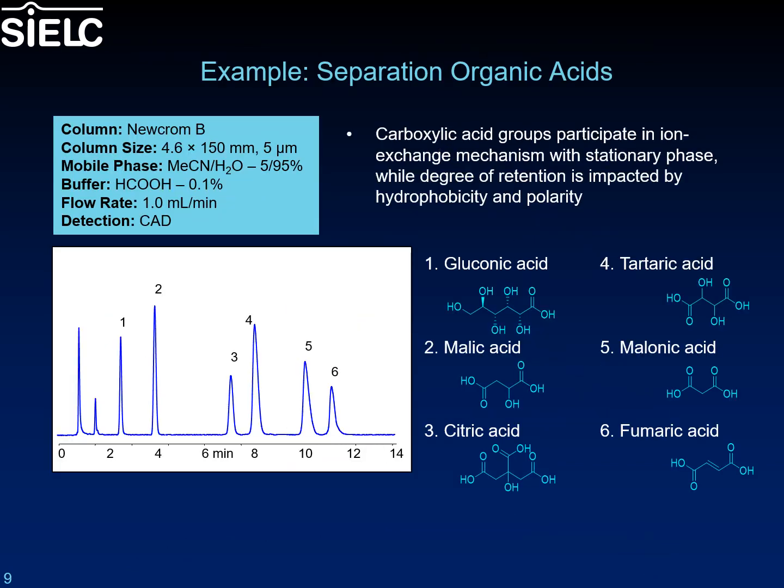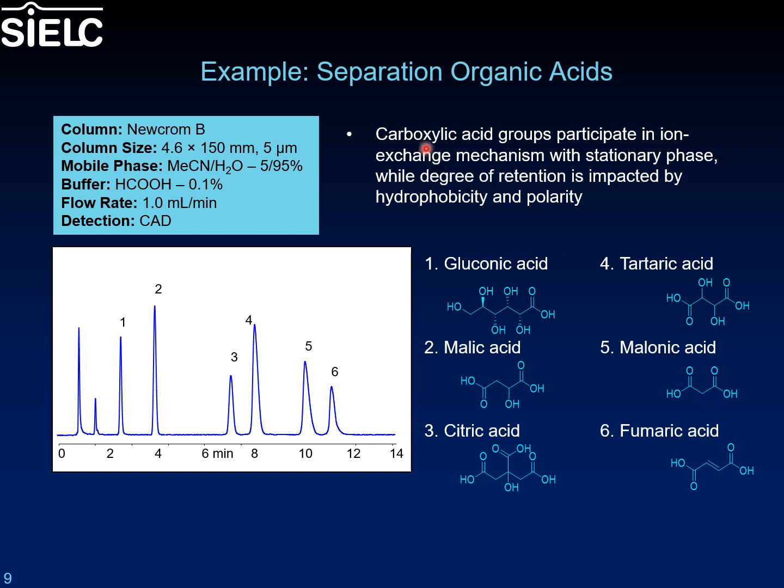In this slide, we are showing the separation of different organic acids on a Newcrom B column. These organic acids, shown below, differ in their structures, in their containing of different hydroxyl groups in their alkyl chain, a different count of ionizable groups in the carboxylic acids, and even in the difference in number of hydrocarbon linkages that they contain in their structures.